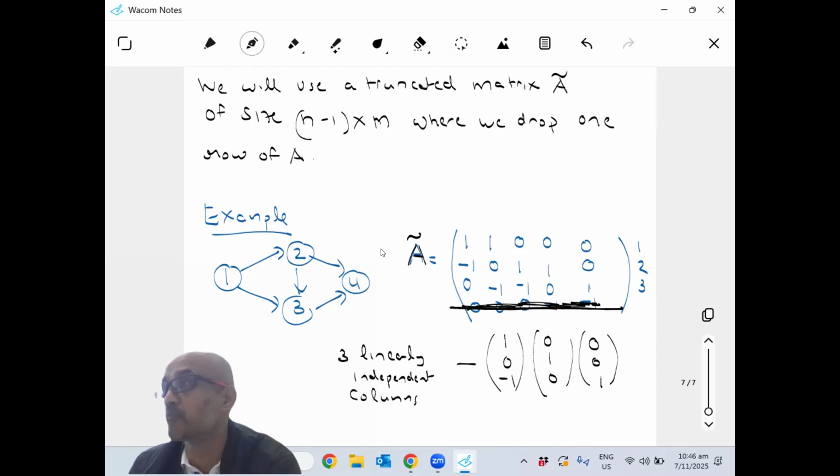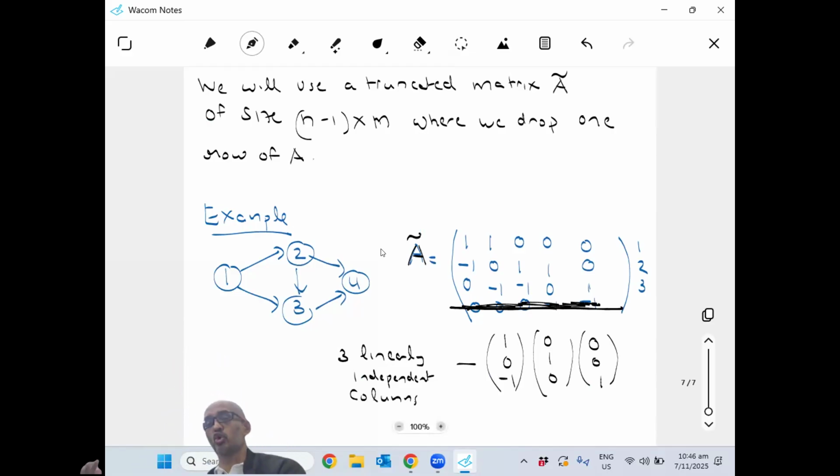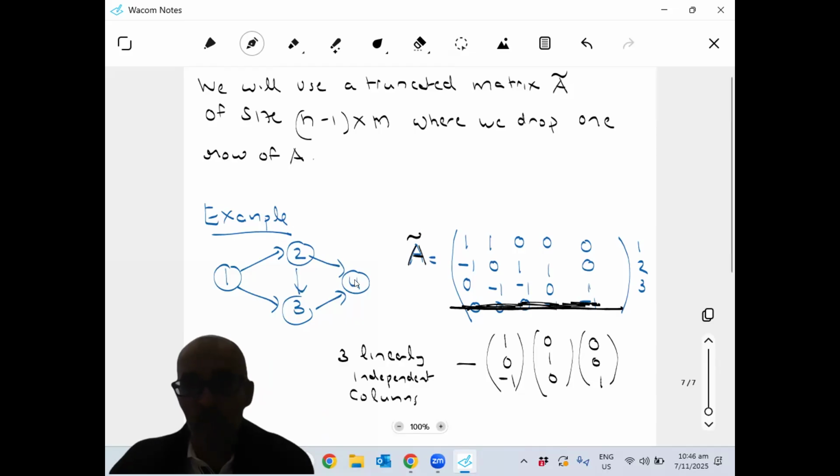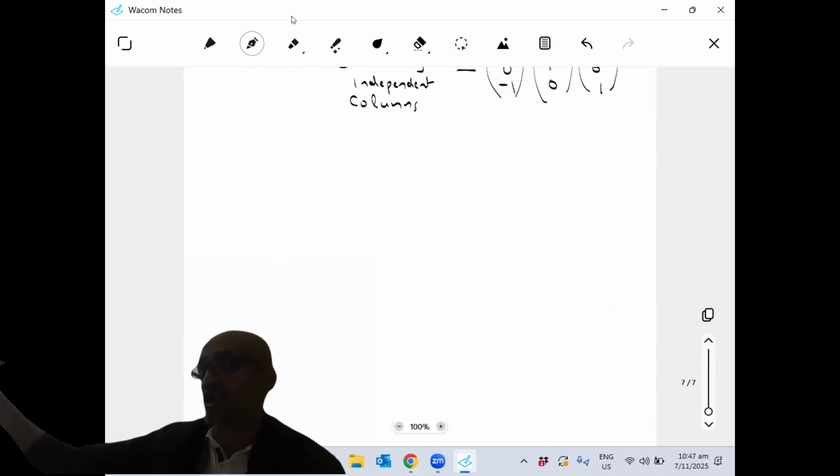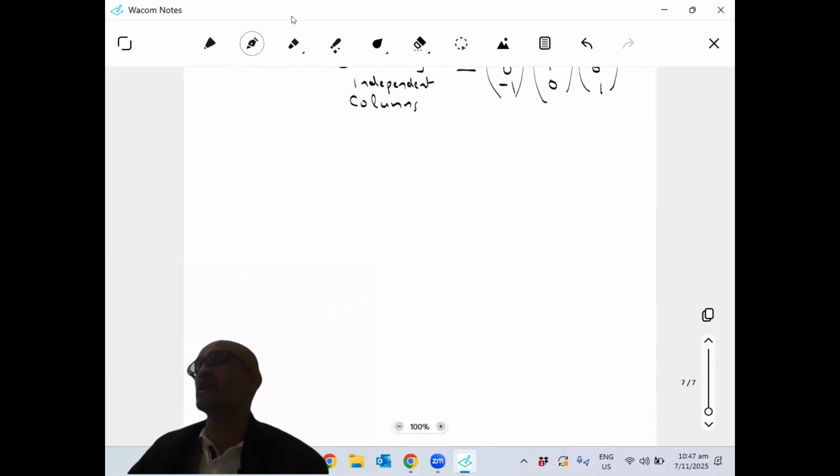So what we're going to do is work with a truncated matrix where we drop one row. When we do this, of course, we'll have to modify the LP because we drop one constraint, which is redundant.